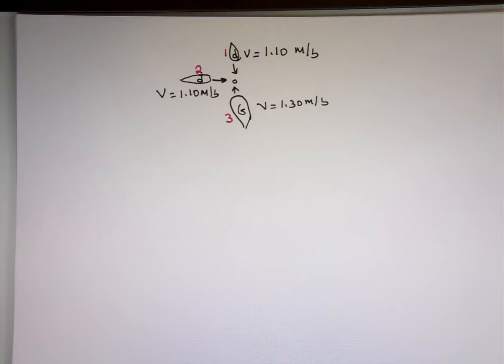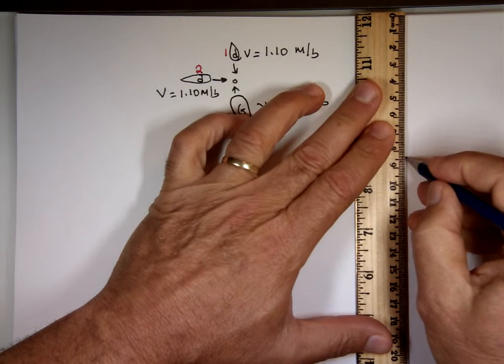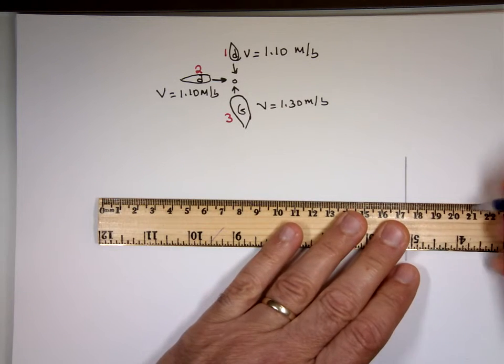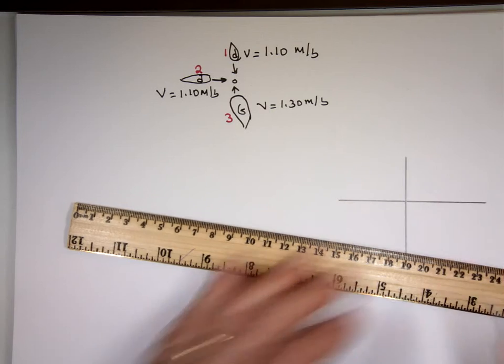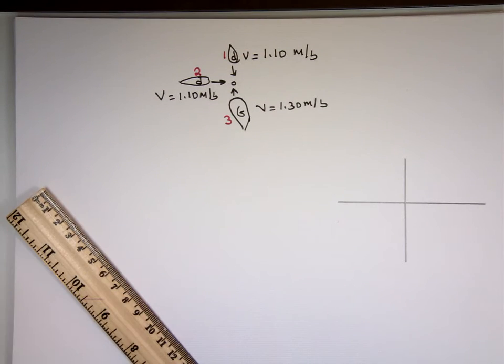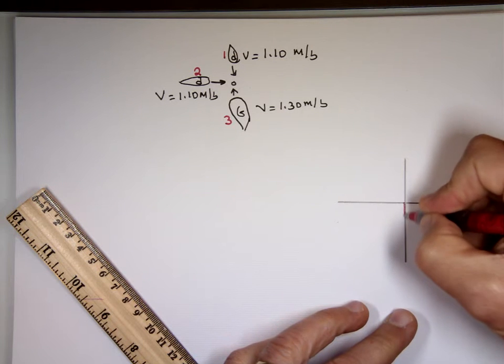Let's see what will happen. What is the net result? This is what we did a while ago in the lab or in the homework, vector addition. Duck number 1 is moving down, right? So it's going to have a linear momentum which way? Down. We'll calculate what that is.